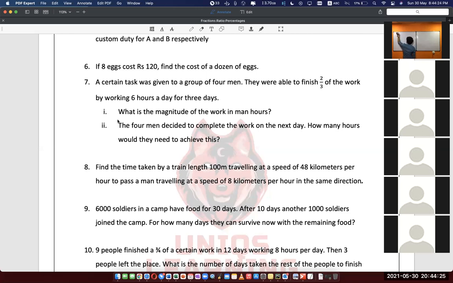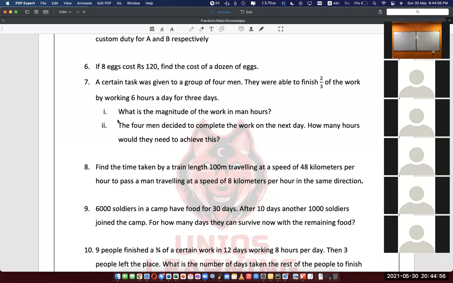So number of men, number of hours, and amount of work. So this will be 4 men.